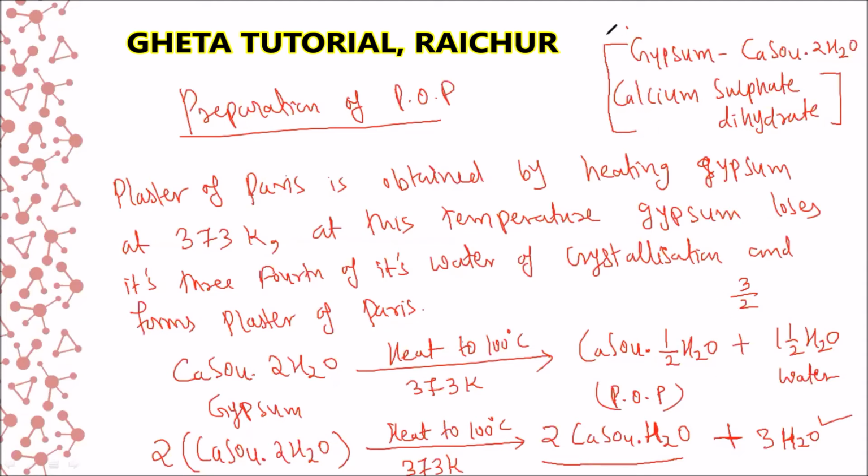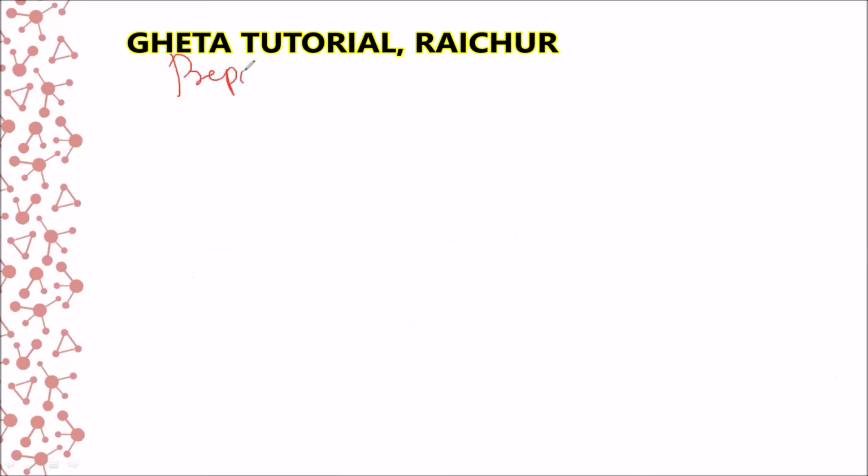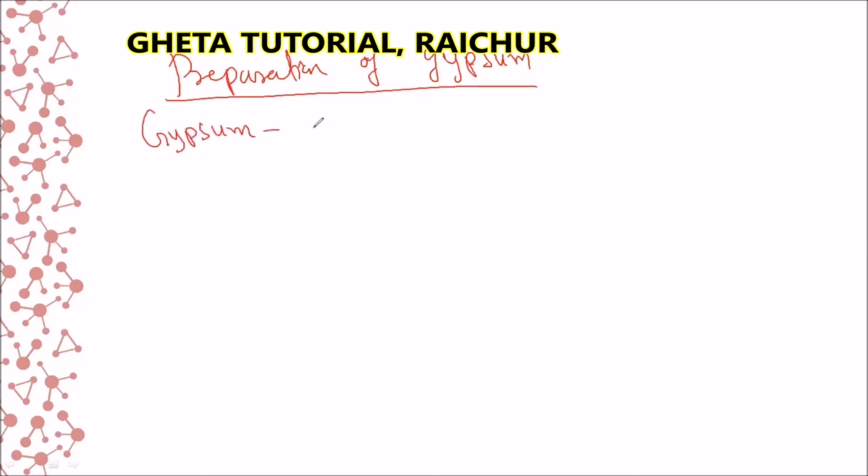Now let us go for gypsum. How can you obtain gypsum? It is a reversible process. Preparation of gypsum. We know the chemical formula of gypsum is CaSO4·2H2O.